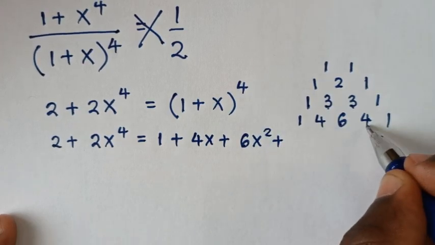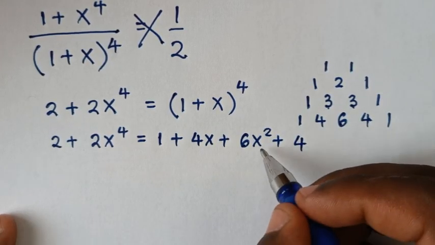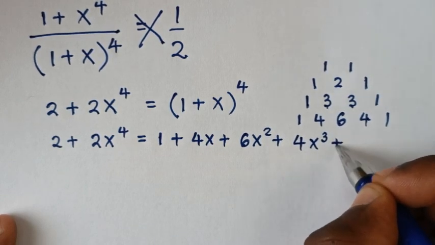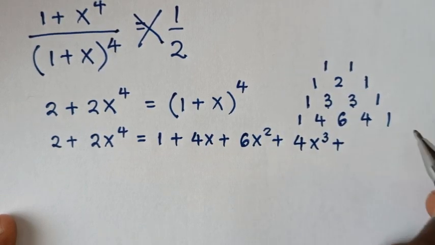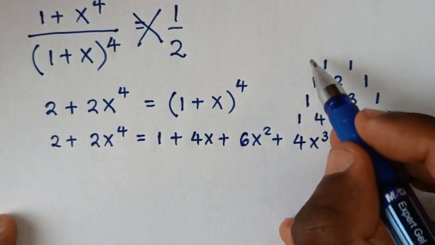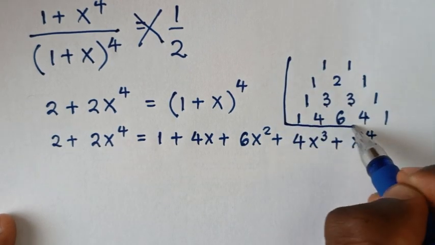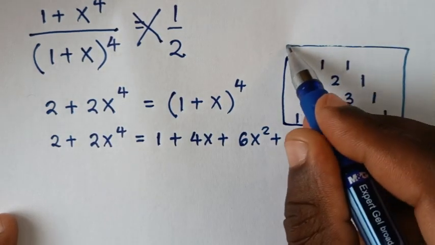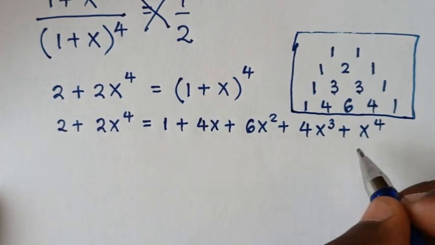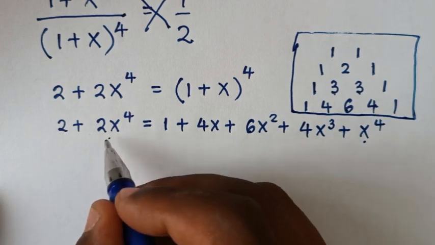Then plus coefficient is 4, then increase the power, x^3. Then plus here coefficient is 1, so here x^4. This is binomial theorem.